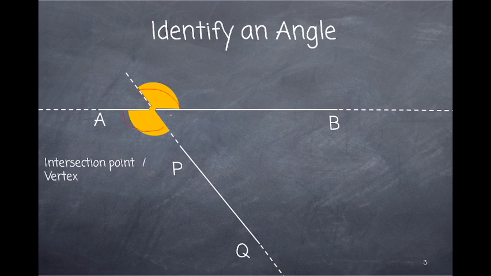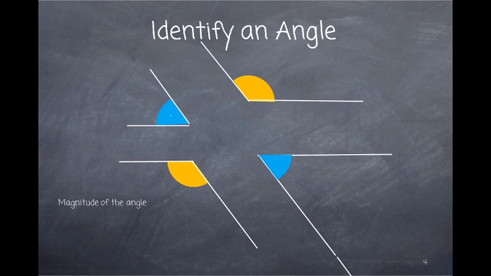Now we could find angles. Here you have to remember that if two lines are parallel, we cannot find angles. If they are not parallel, we can find angles by extending those lines a little bit. Okay.